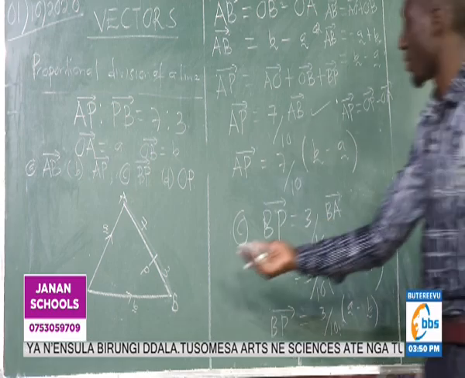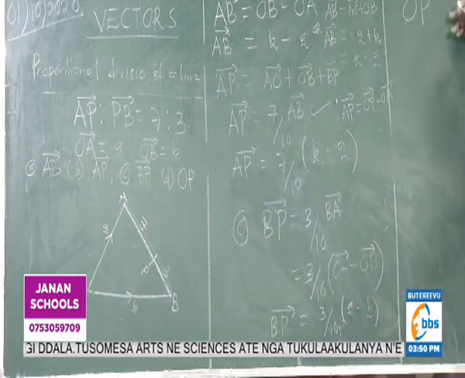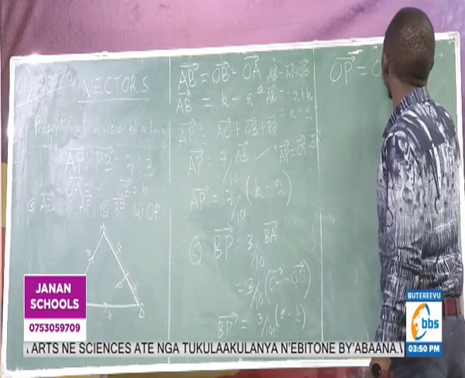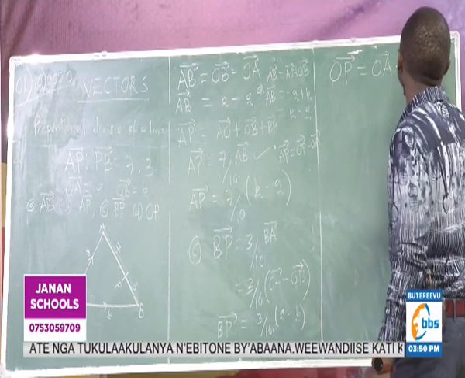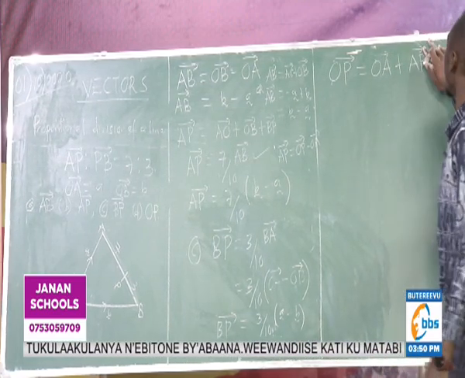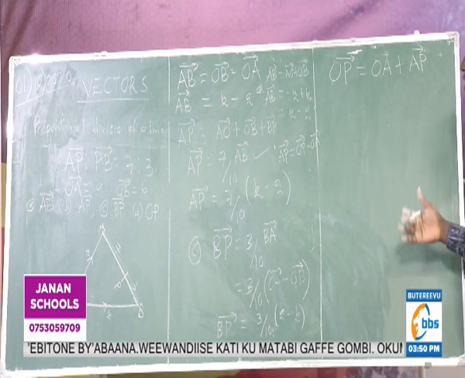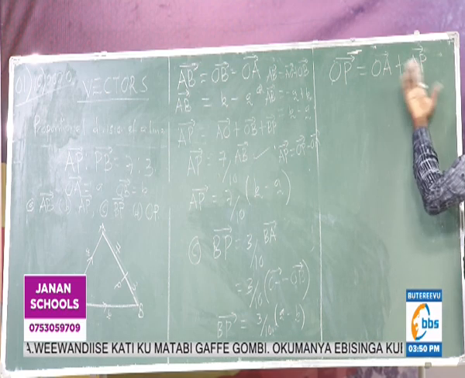So let me use the diagram. I'm going to use OA plus AP. So we say that our OP is the same thing as OA plus AP. Vectors just help us find the shortest distance. So you need to look at which one is easier, which of the things involved you are having.